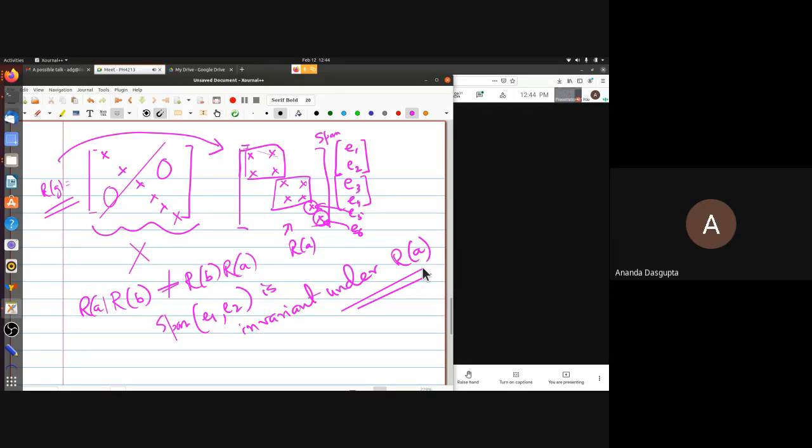This is actually the most important notion of today's class. Not only that, it's going to be one of the most important notions in the application of group theory to any physical problem. So is this issue clear?